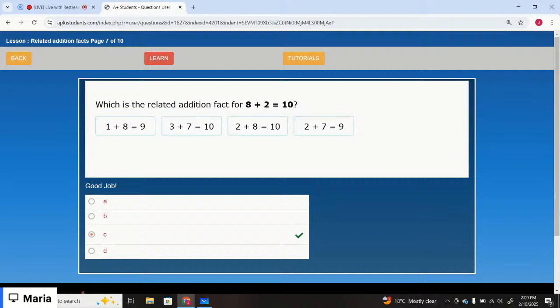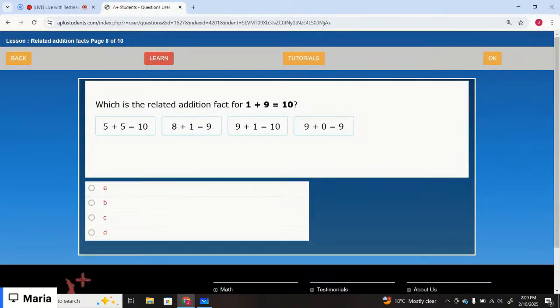That is 2 plus 8 equals 10. Which is the related addition fact for 1 plus 9 equals 10? Option C is the correct option. That is 9 plus 1 equals 10.